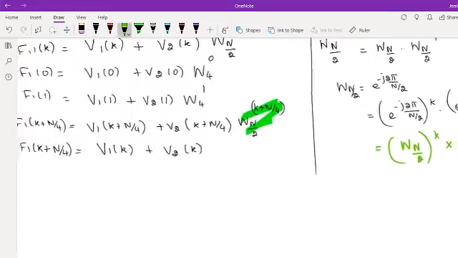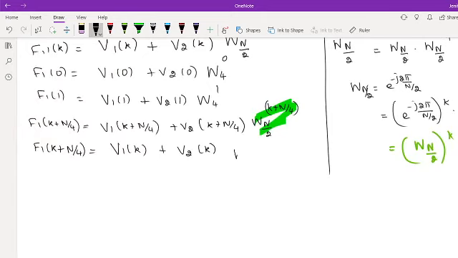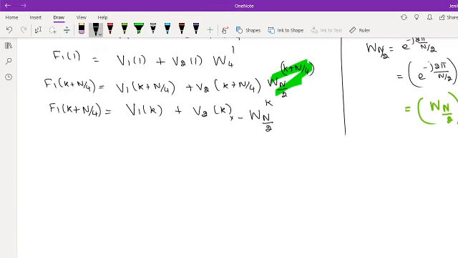So here I am rewriting this as W_{N/2} power k into minus. So this equation will become f1 of k plus N by 4 is equal to v1 of k minus v2 of k into W_{N/2} power k.